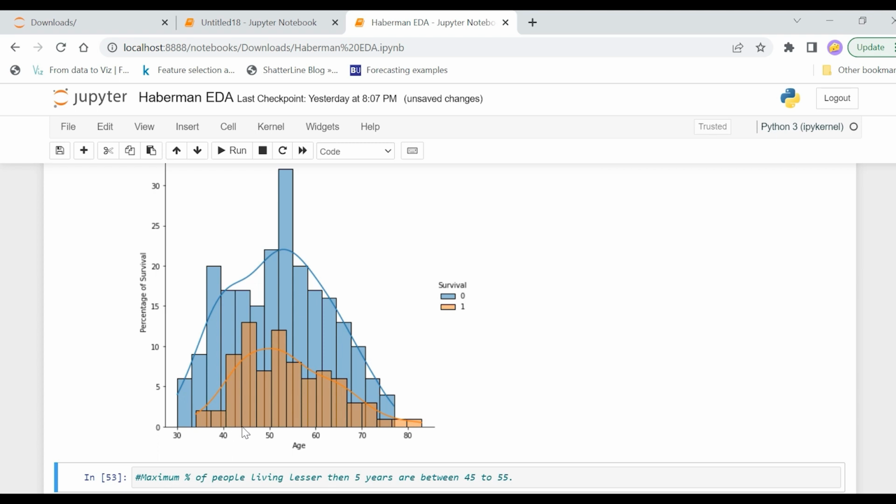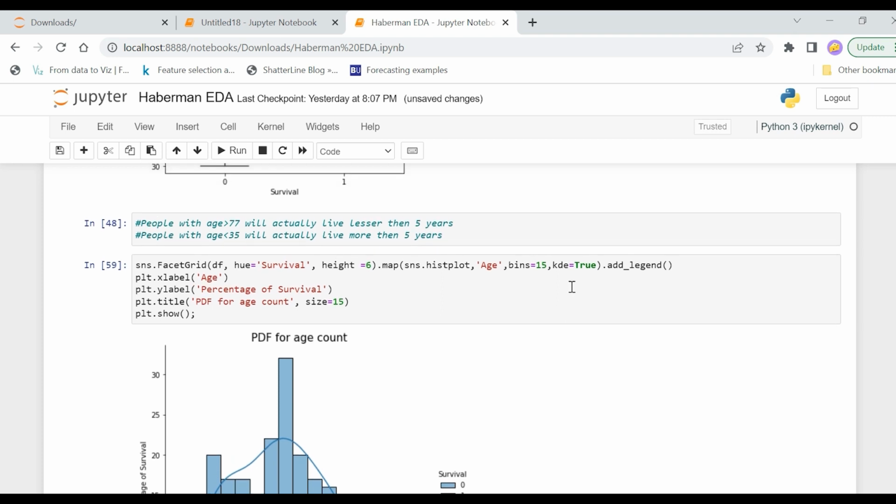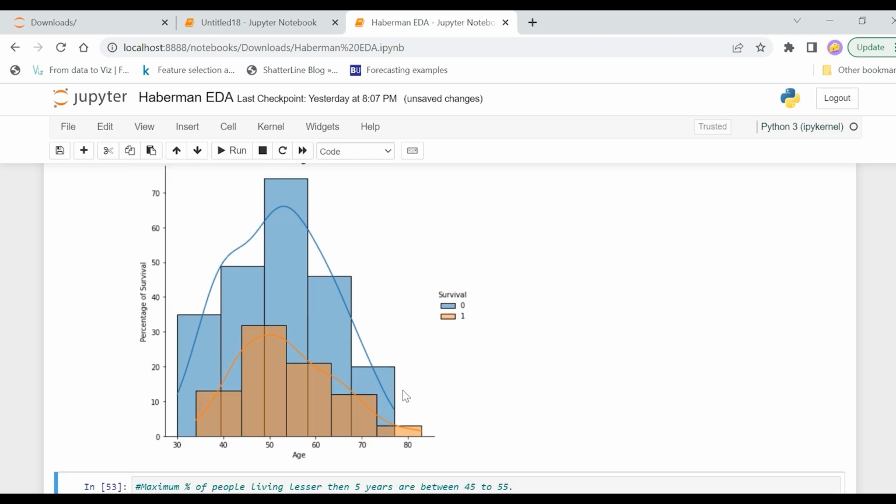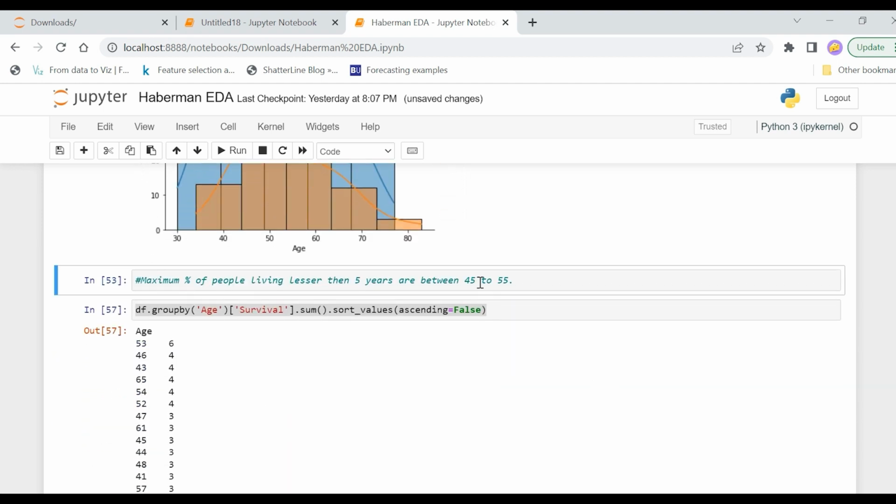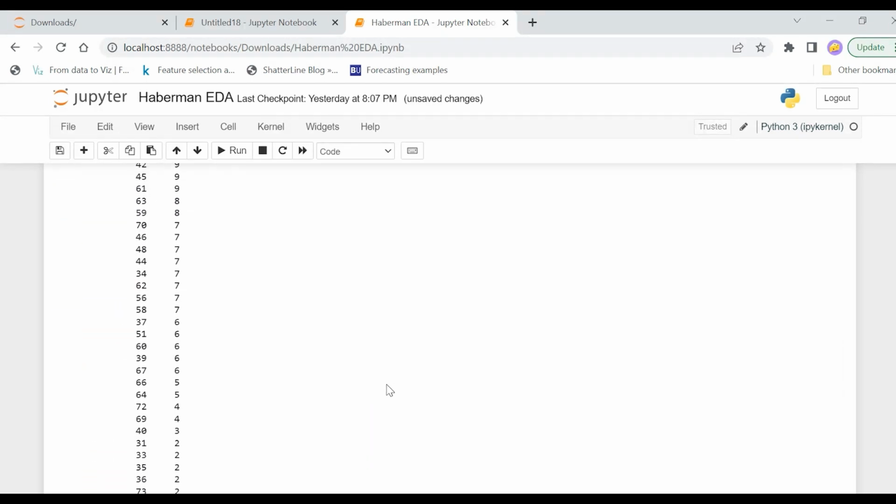So here you can see that more people are between less than 50 and 45 to around 53, but the data set is small, so there are fewer people here. I'm trying to zoom in so that I can get from 45 to 55, but it is lesser than 45. So you can say around 43 to maybe 53. This kind of thing you can figure out from this kind of plot.